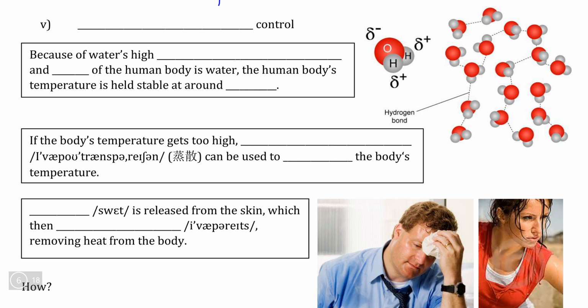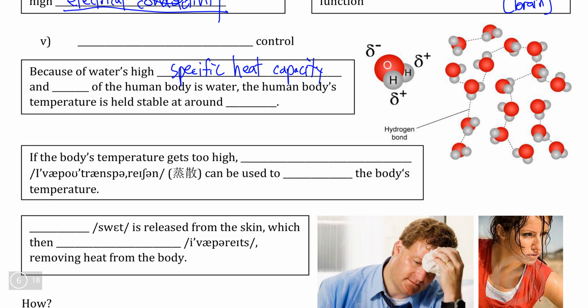Now, if you remember from the previous video where we discussed water's specific heat capacity, specific heat capacity is the measurement of how much energy a substance can absorb before its temperature increases by 1 degree.